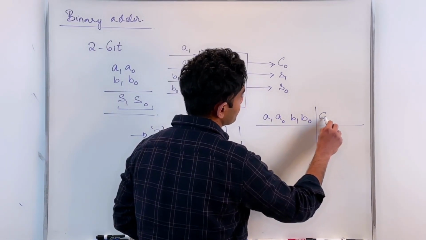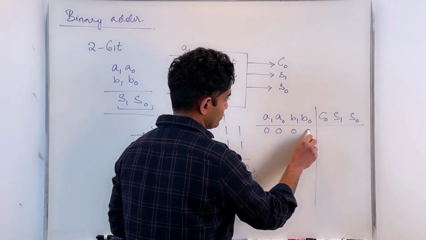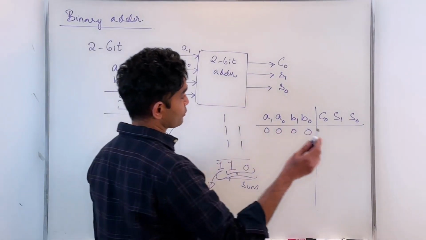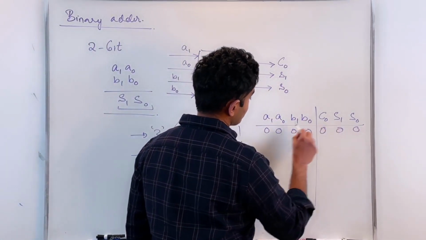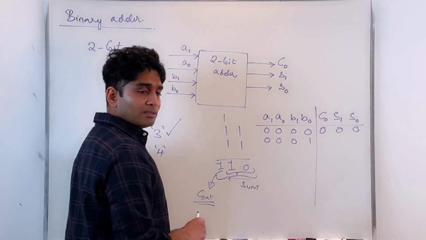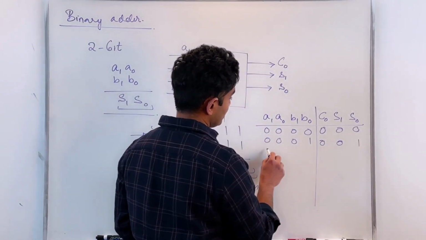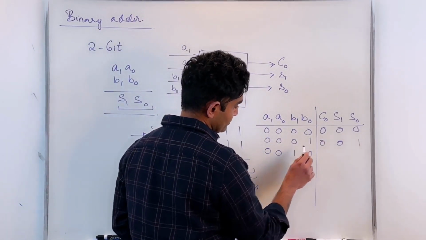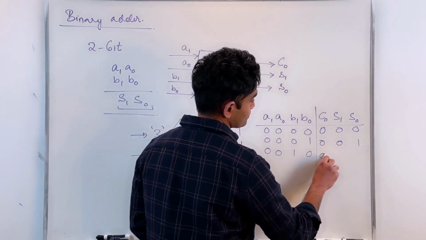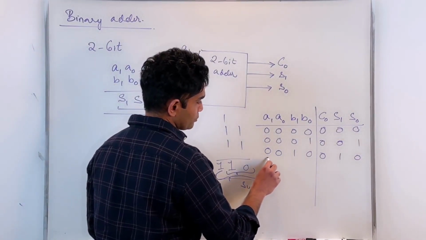And then I have C out, S1, S0. So 0, 0, 0, 0: I'm adding 2 zeros together, and of course my sum is 0, 0, 0. Then 0, 0, 0, 1: I'm adding 0 to 1, my sum is 1. Then 0, 0, 1, 0: I'm adding 0 to 2, my sum is 2. And so on.